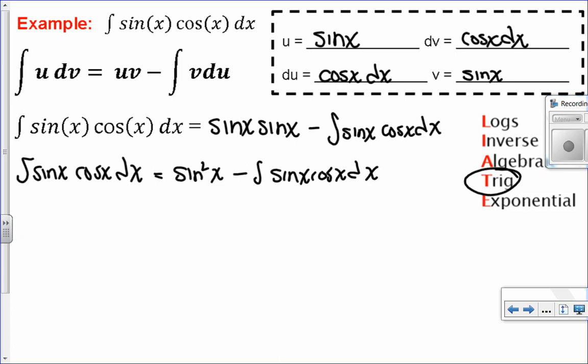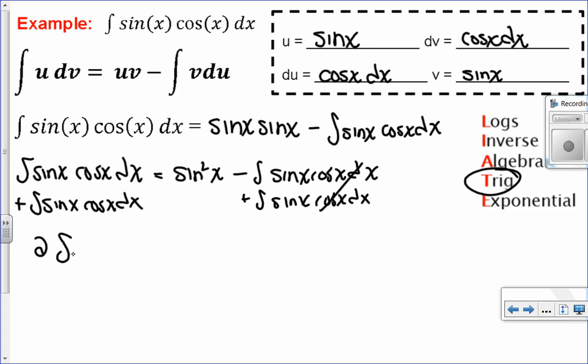But what I do notice is that I have an integral of sine x cos x dx on both sides of the equation. So what I'm going to do is add this integral of sine x cos x dx to both sides of the equation and see what happens then. So here, of course, it's gone.